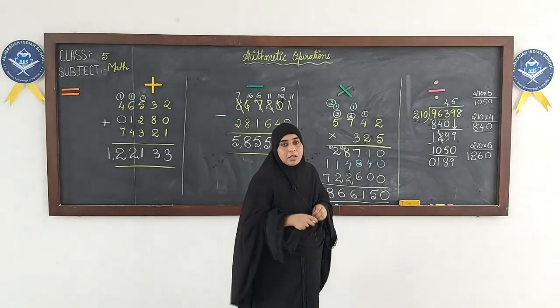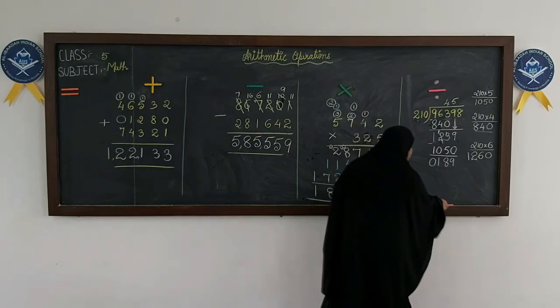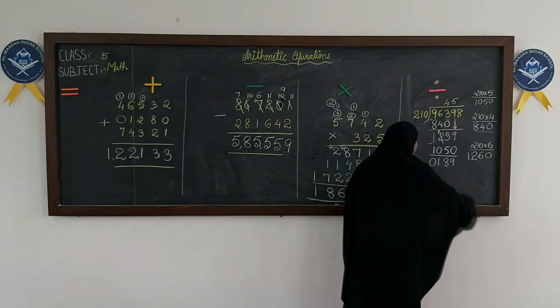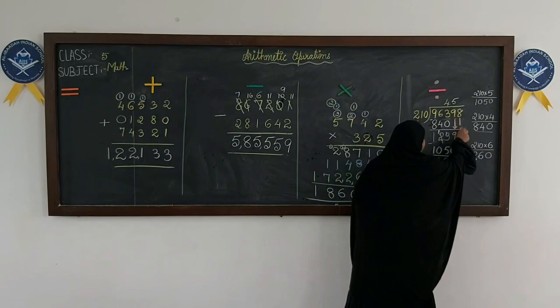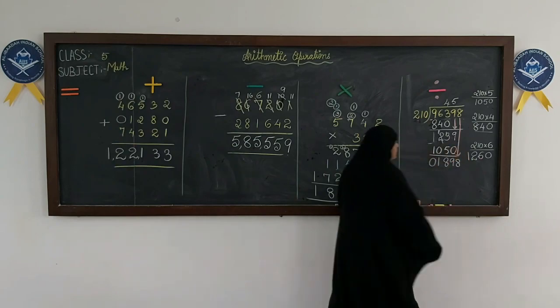Not possible. So what do we do? We will bring our last digit down. Which is our last digit? This 8. This 8 has to come down and we'll write it over here.